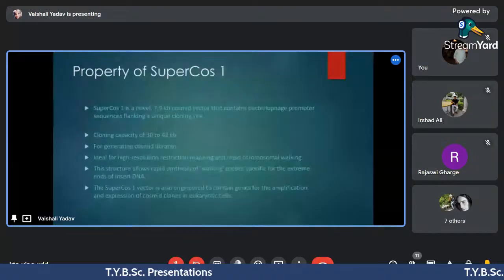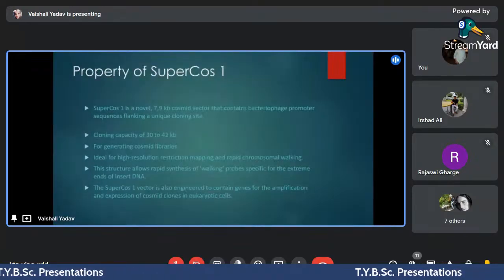Here are the steps. An example of a cosmid is supercos1.